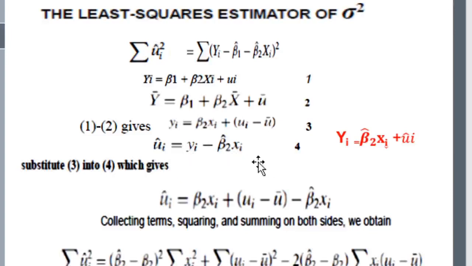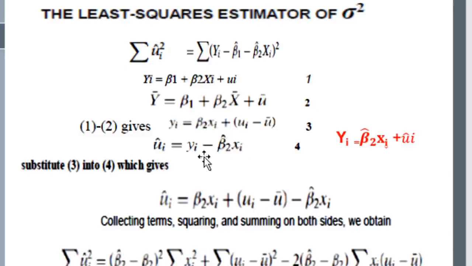Now substitute this 3 into 4. That is, substitute yi using this equation. Then we can write equation number 4 as ui cap equal to, yi equal to beta 2 xi plus ui minus u bar, then the remaining is minus beta 2 cap xi.